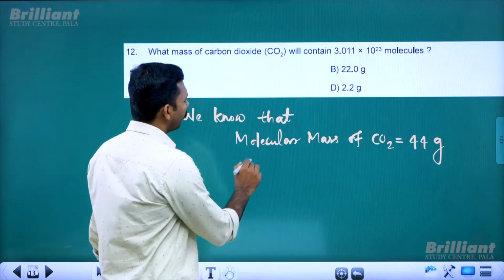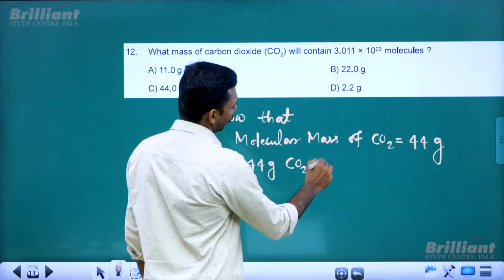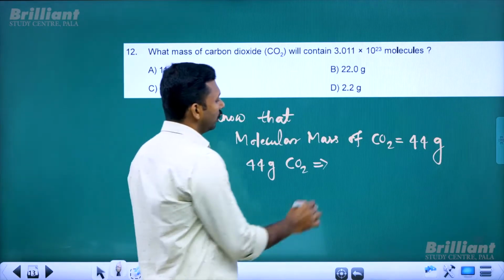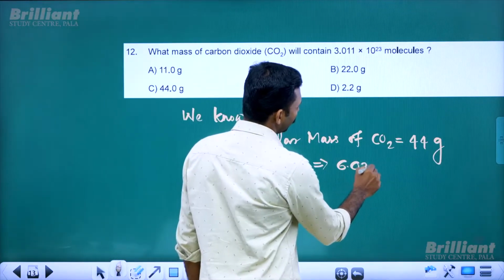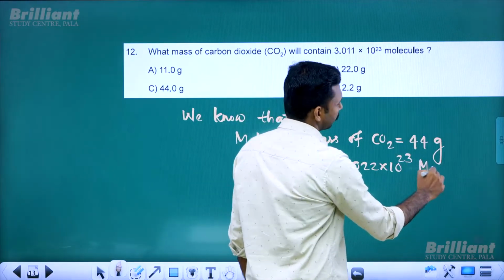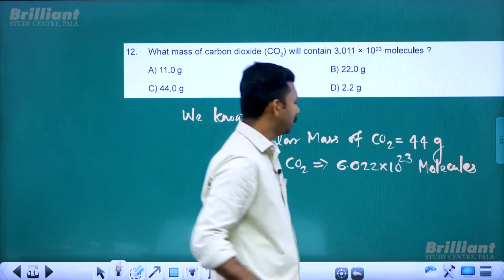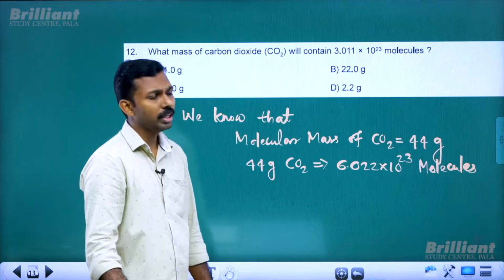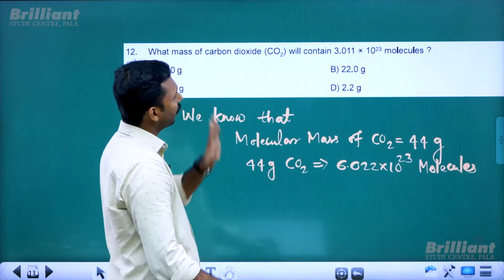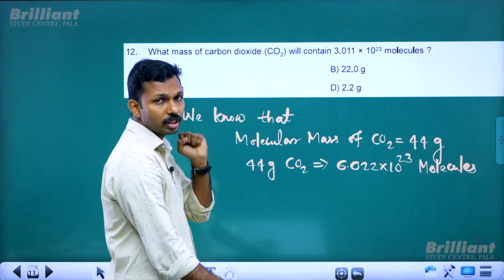So, 44 gram carbon dioxide may contain how many molecules? Yes, 6.022 into 10 raised to 23 molecules, the Avogadro number. But it is asked what mass of carbon dioxide will contain 3.011 into 10 raised to 23 molecules.